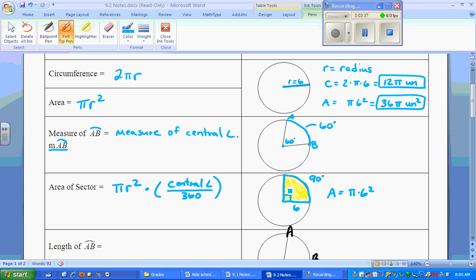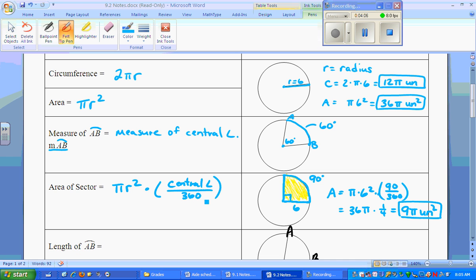What we want, though, is we don't want the whole circle. We only want a piece of it, and in this case, it's 90 out of 360. Well, what is 90 out of 360? That's 1/4. So we have 36 pi, and we want 1/4 of that, giving me a grand total of 9 pi units squared.